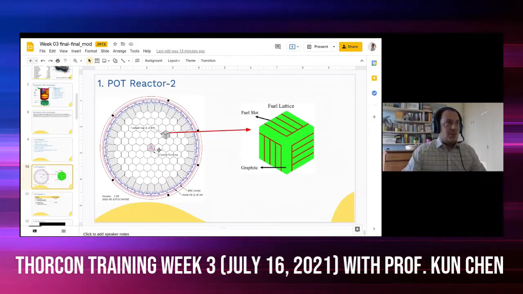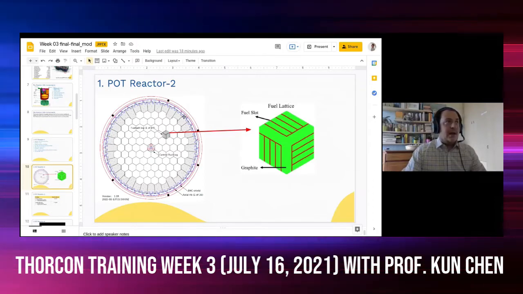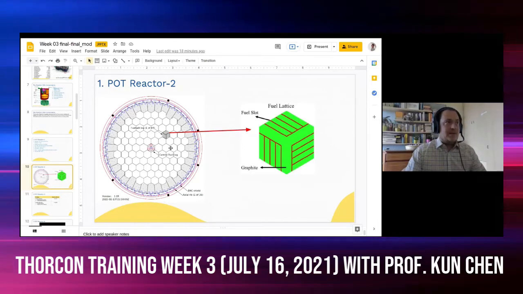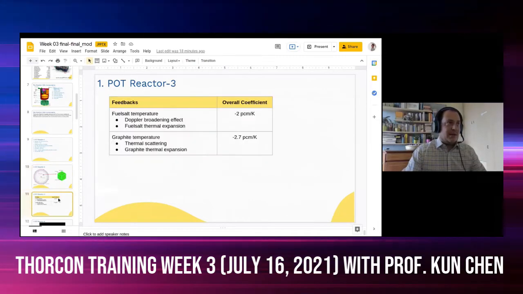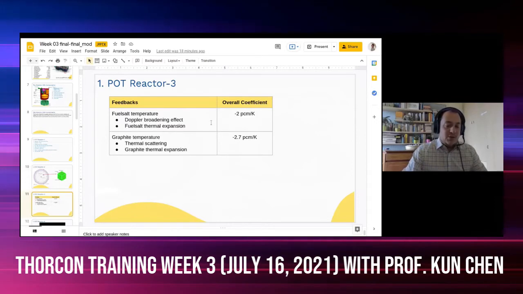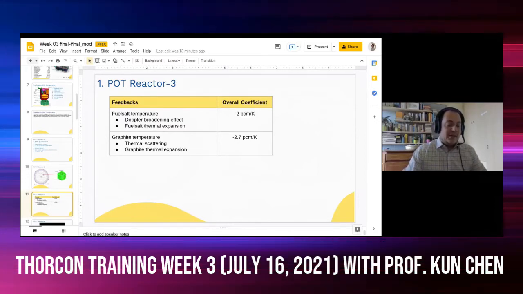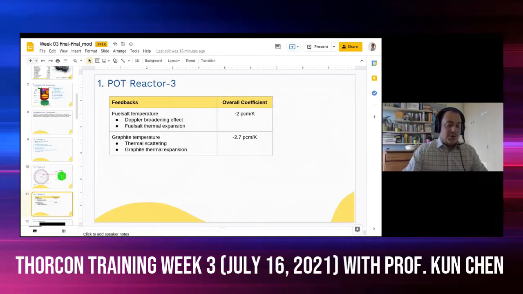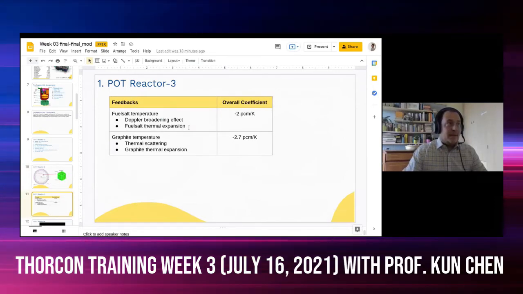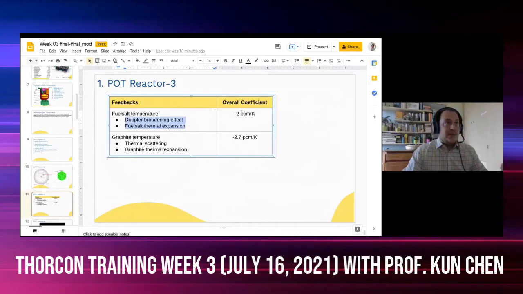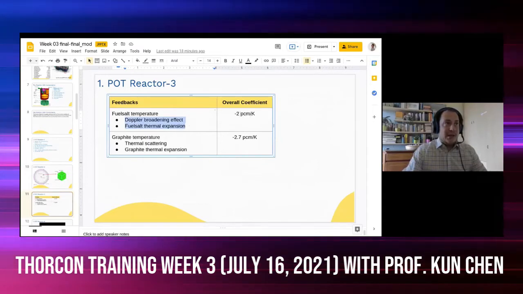The core is constituted by the main logs and reflector logs. This is still the same in the present design. The thermal expansion of the salt and the heating of the salt cause two different feedbacks. The sum of the two leads to around -2 ppm per Kelvin.